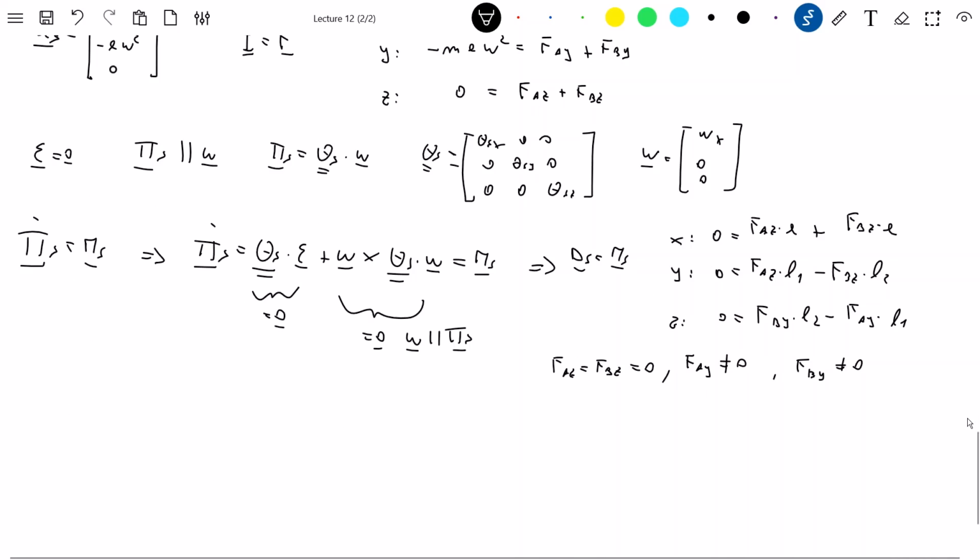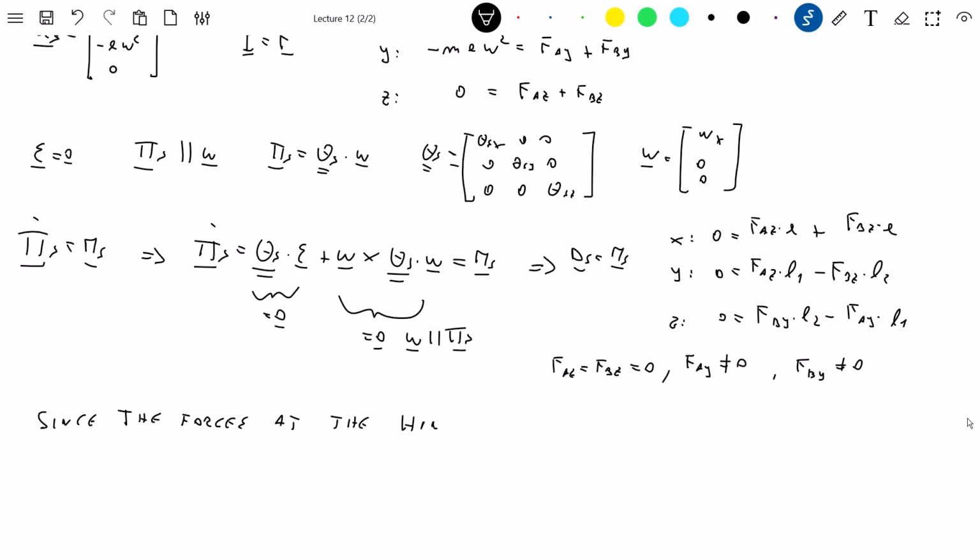So let's write simply that the forces at the support, at the hinges, varying, rotate with the system, they generate vibrations.